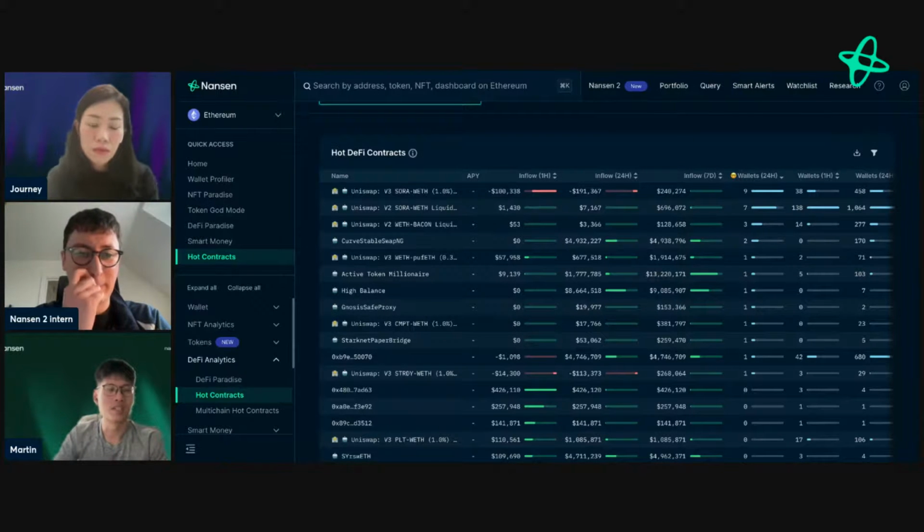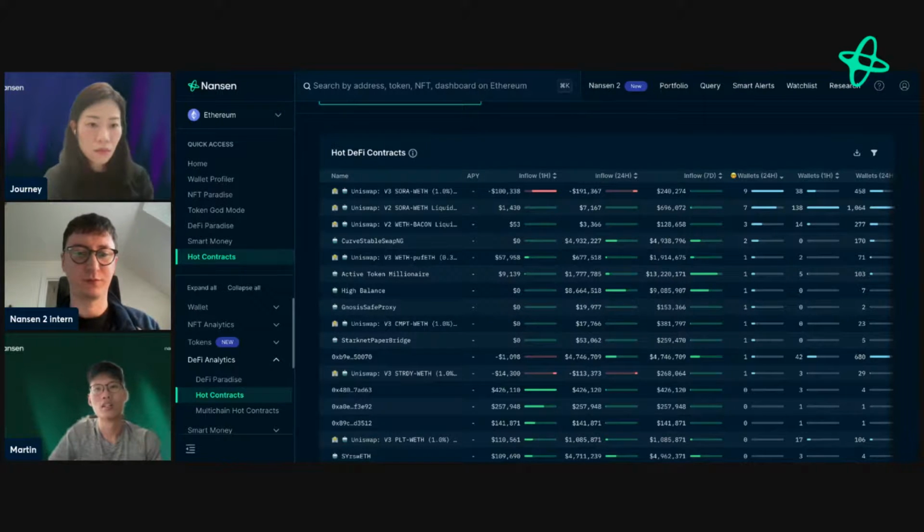Typically during these periods when large caps move, a lot of the smaller caps take a back seat, which in my opinion is what we are seeing now. ETH is kind of stable, but we do see certain tokens taking quite a decent hit. So it's just liquidity rotation moving around.